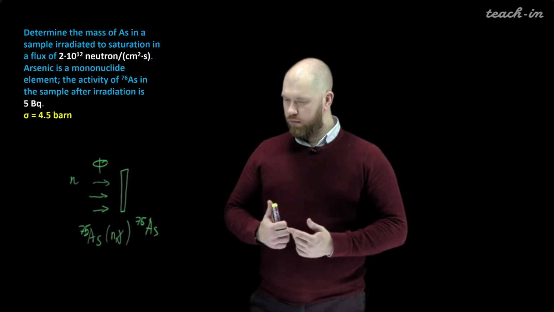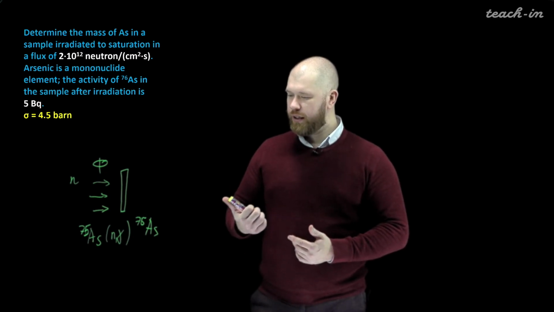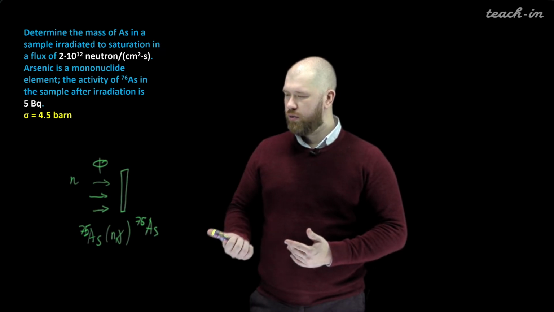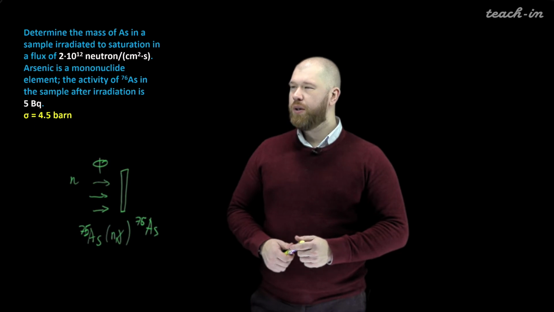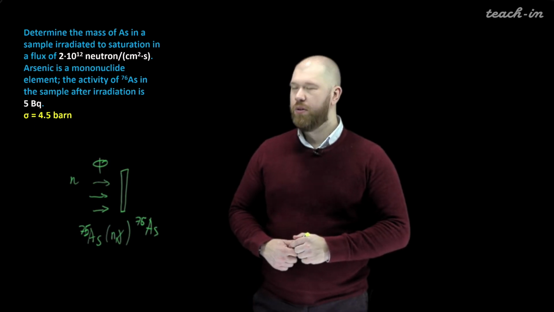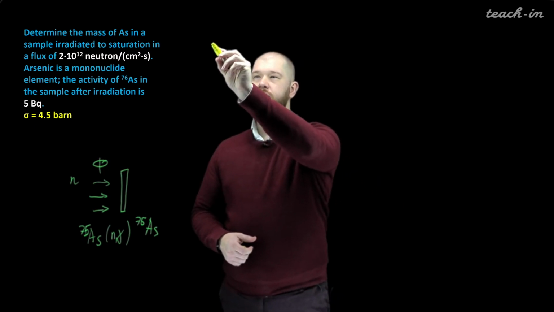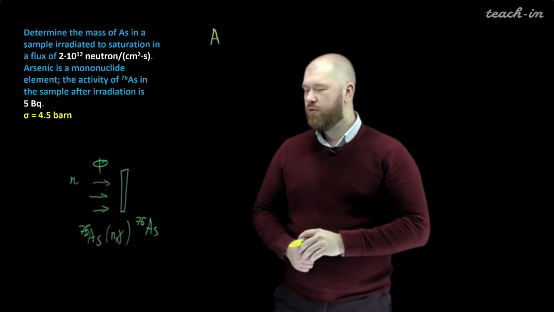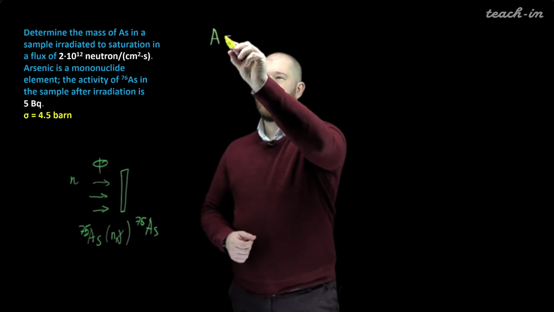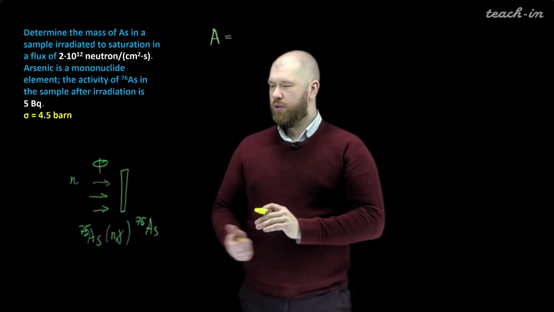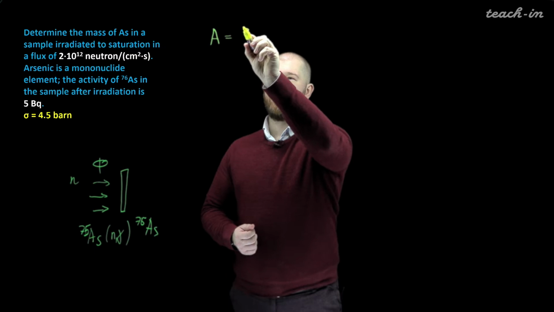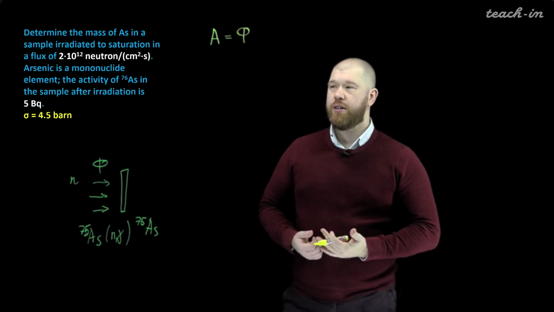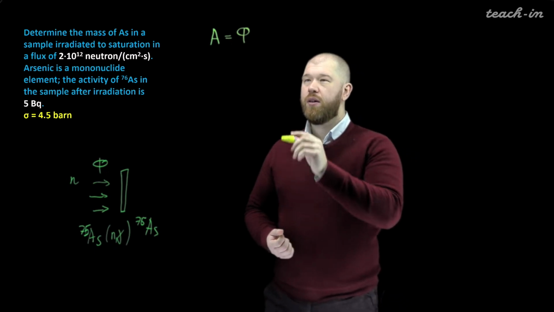So how do we calculate the activity of the accumulated radionuclide? For this we have quite a simple expression. The activity of the generated radionuclide will depend, of course, on the flux of neutrons. The larger the flux, the higher the activity that is produced.